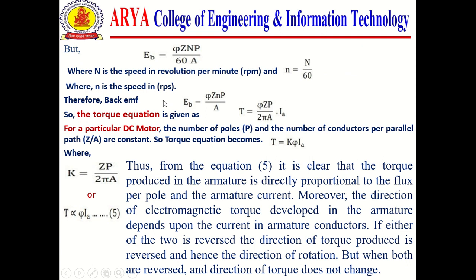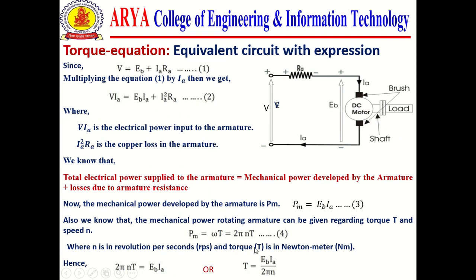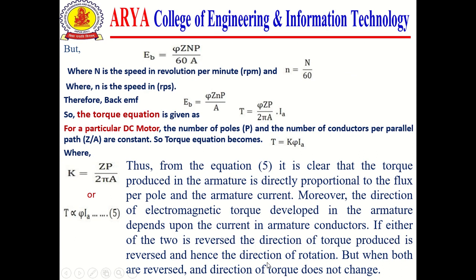But here you can see from the last slides that Eb, the back EMF of the DC motor, is represented in the following parameters: phi is the flux, Z is the total conductors used in a DC motor, N is the speed in RPM, P is the number of poles, and A is the number of parallel paths, the same as when we derived the EMF equation of the DC machine as a motor.